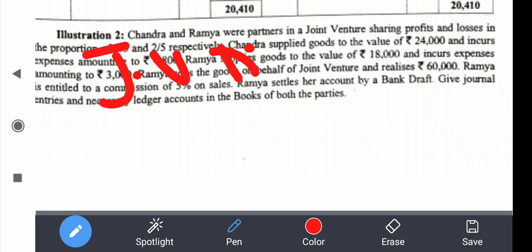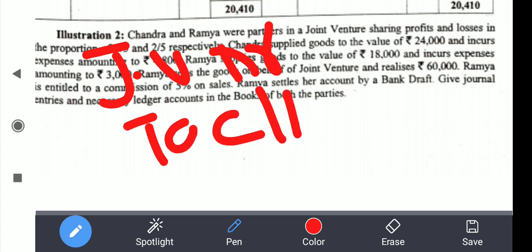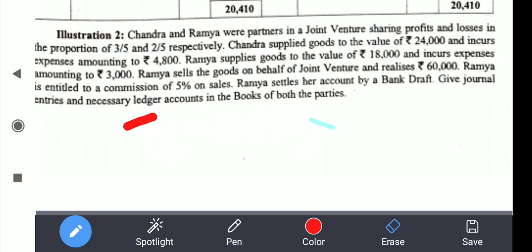So you have to write joint venture account debtor to cash or bank account. Don't write Chandra account, because these transactions relate to the books of Chandra. That's why you have to write cash or bank. So joint venture account debtor to cash or bank account. Supplied goods and expenses incurred by Chandra.